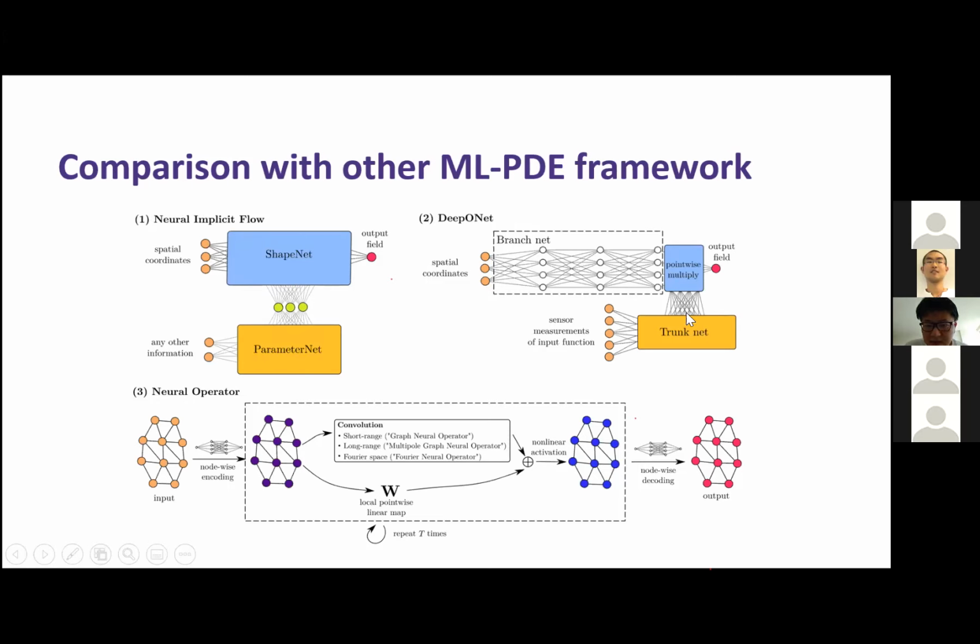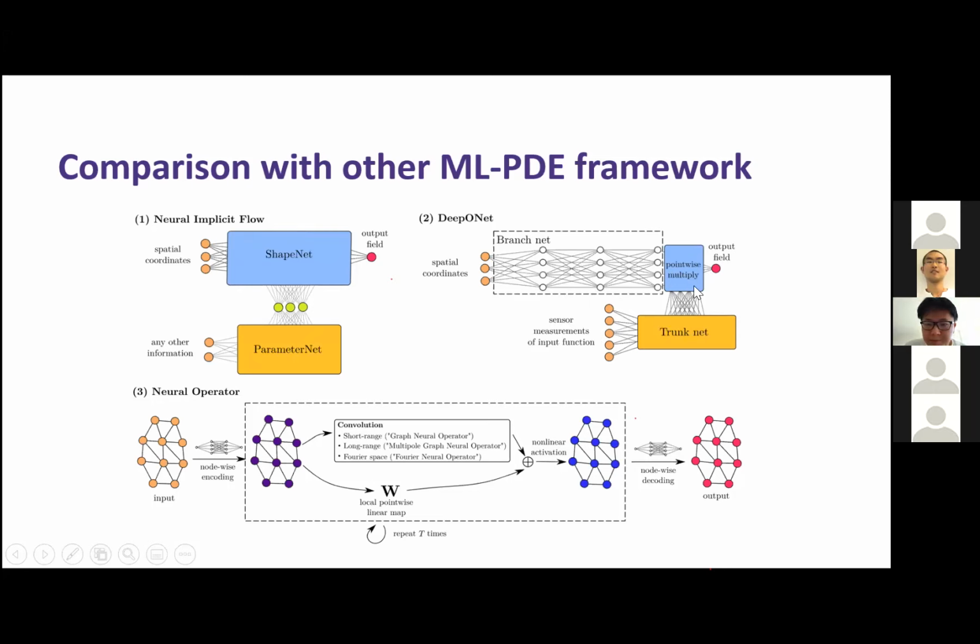So on the right-hand side, I just make sure this is a free-form neural network, and the weights and biases of its last layer are determined by the parameter net, and there's no bottleneck over there. Then you can see that the skeleton of DeepONet is a special case of neural implicit flow, because this is pretty evident here.